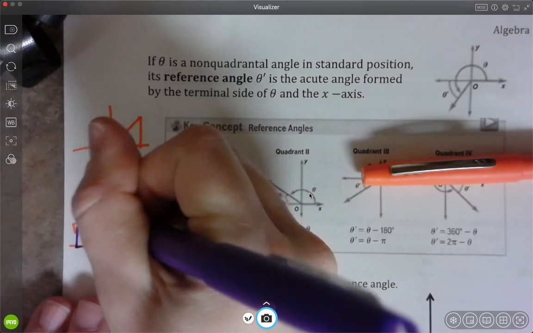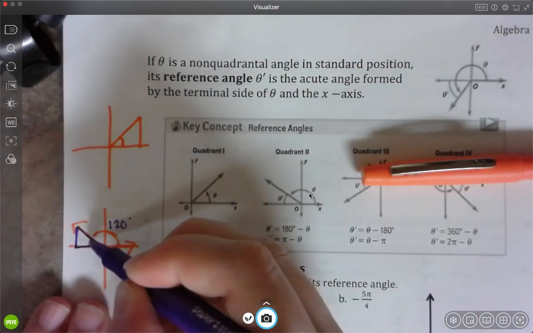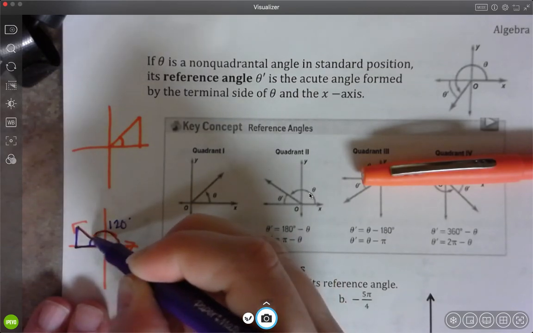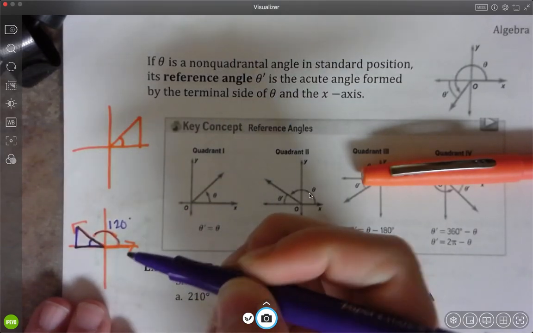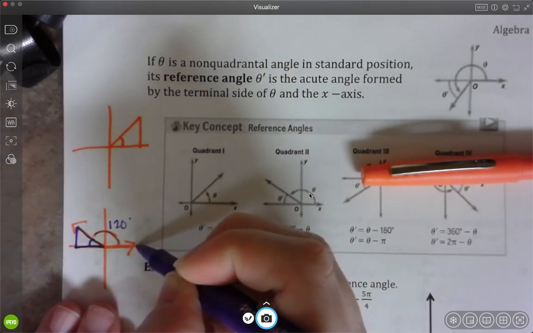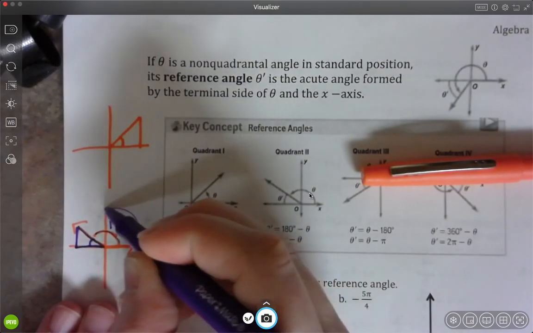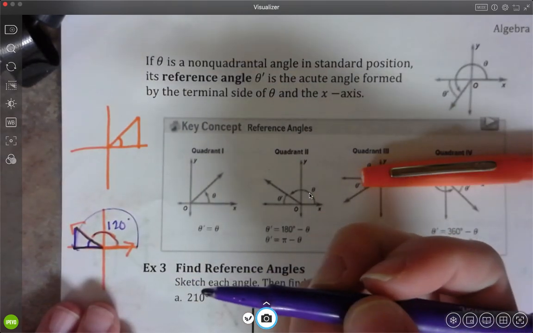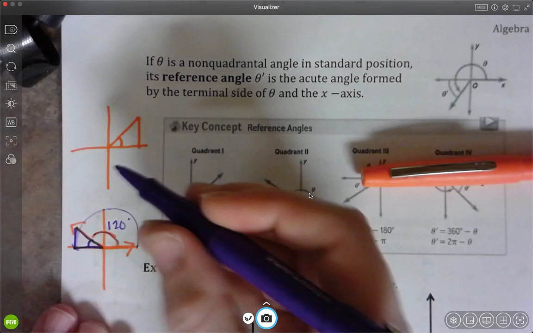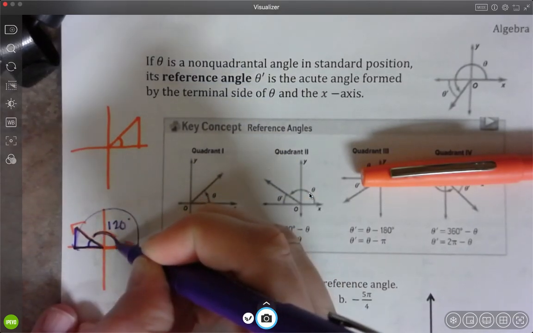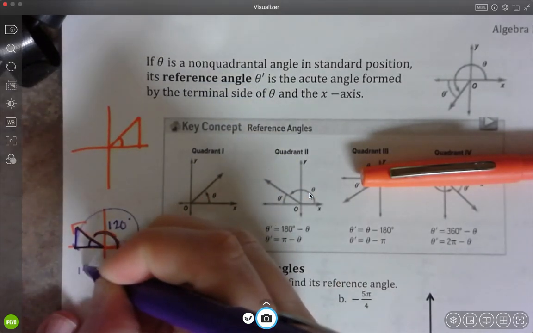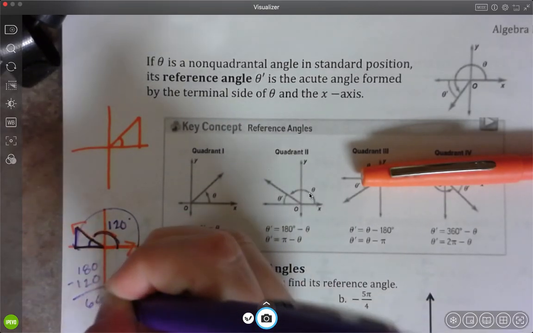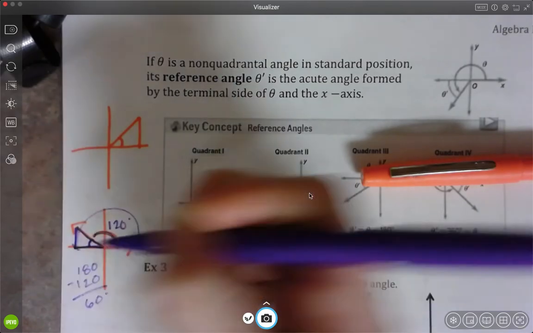We would be trying to figure out not this 120 degrees, but what this angle is. That involves thinking about what it would be from here all the way around to the other line. That's a complete 180 degree flip, right? So if I'm only going 120 degrees, 180 minus 120 is 60 degrees, and 60 degrees will be this reference angle here.